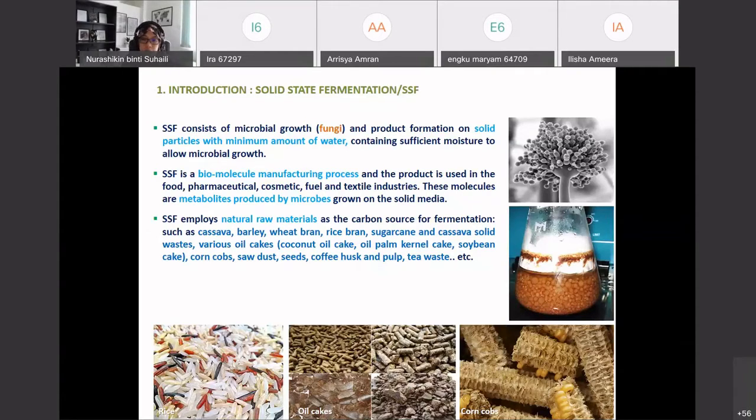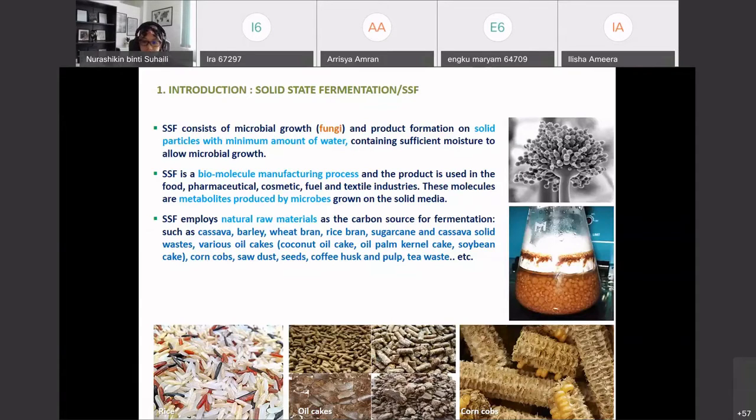For example, if you harvest sugarcane, perhaps the peels of it are thrown away. Okay, so those peels, the kulit tu, actually can be used for solid state fermentation. It's not only sugarcane, but other fruits as well, like pineapple, rice bran. So all of these are actually thrown away to the environment as waste.